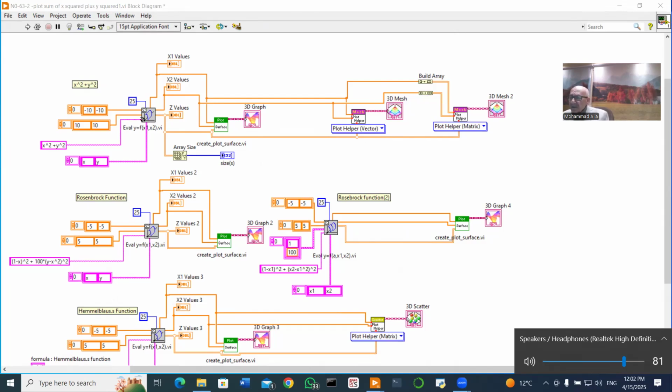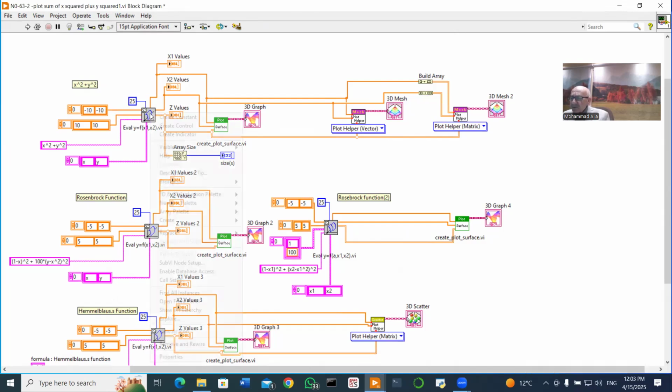Fortunately, in LabVIEW, in the mathematics palette, there is a function called Evaluate y equal f of x1, x2 VI. As you see here, this function gives the output which represents the z value and also outputs 2 arrays representing the input arrays of this function.